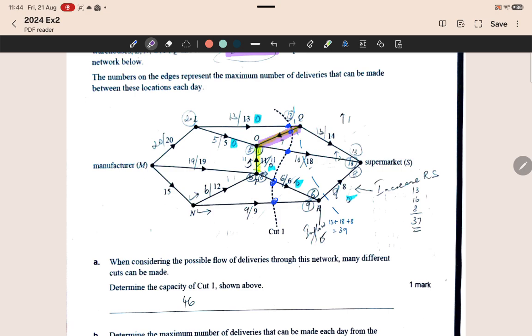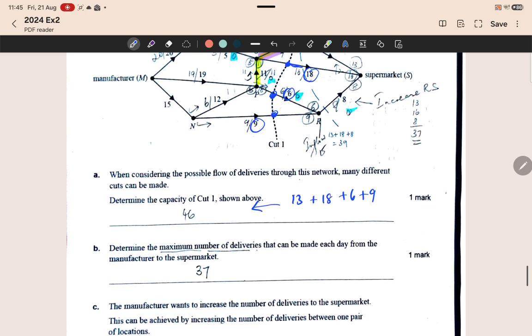So, if you then add this edge, which has a value 13, this edge, which has a value 18, this edge, which has a value 6, and this edge, which has a value 9. Okay, so let me write that: 13 plus 18 plus 6 plus 9. It gives you 46.